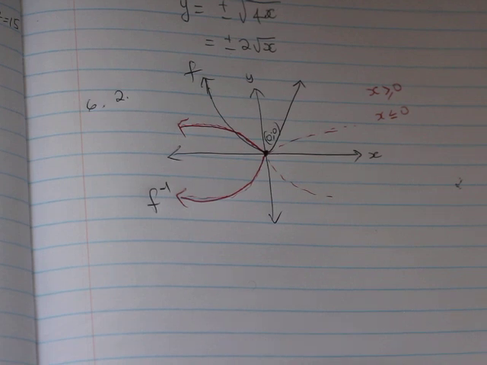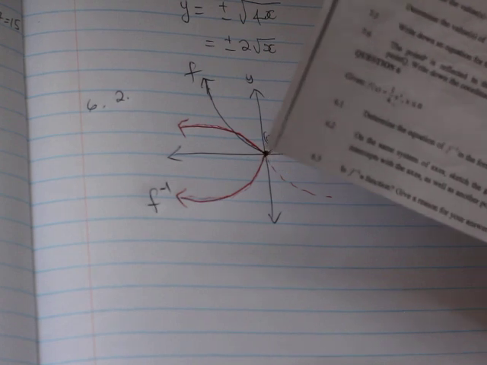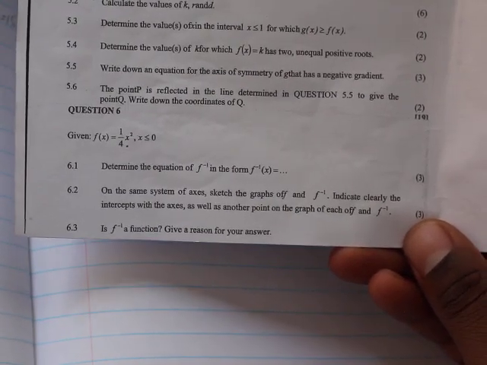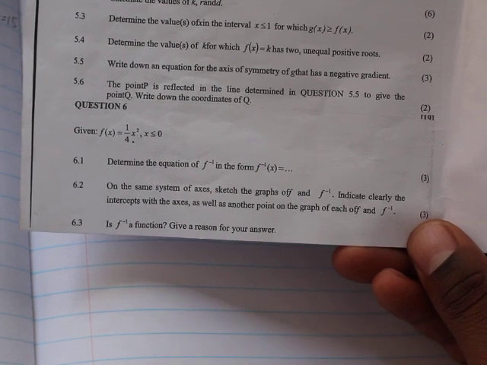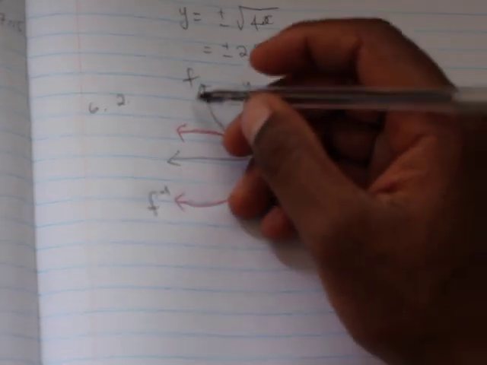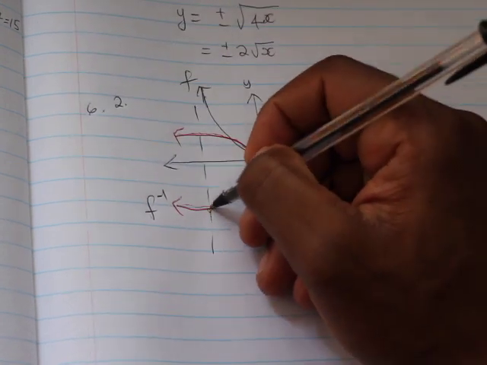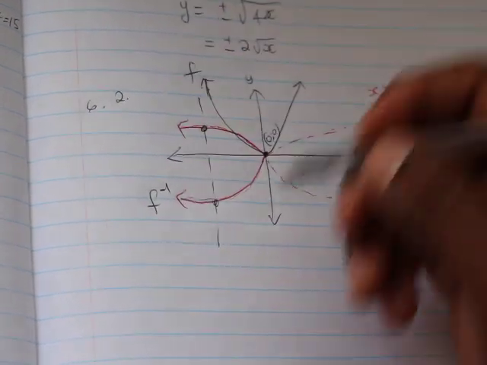Now let's go right ahead and look at the last question: is the inverse a function? Give a reason for your answer. So we're just going to do the vertical line test, and you can see the vertical line cuts this twice.